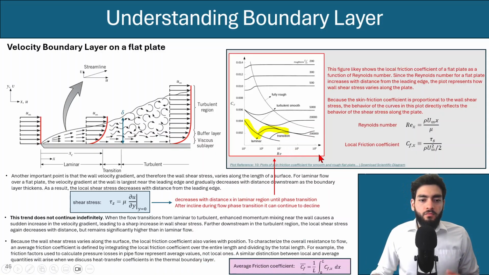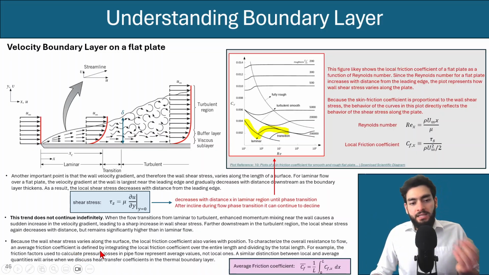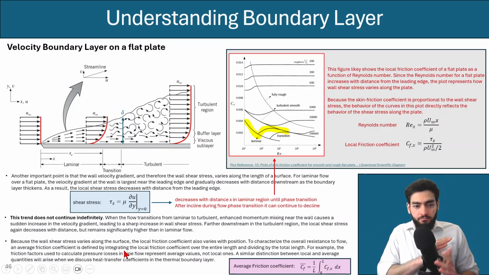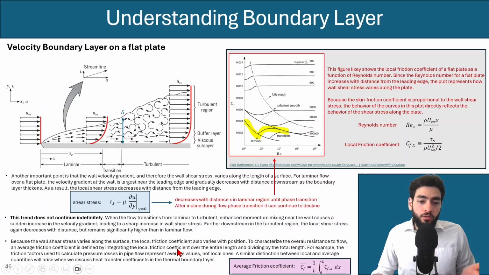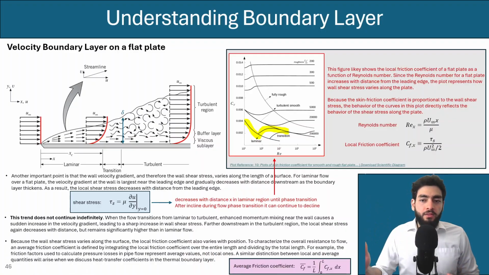Also, I want to note that because the wall shear stress varies along the surface and the local friction coefficient also varies with position, then to characterize the overall resistance to flow, an average friction coefficient needs to be defined. And so that could be done, as I mentioned previously, by integrating the local friction coefficient over the entire length and dividing by the total length.